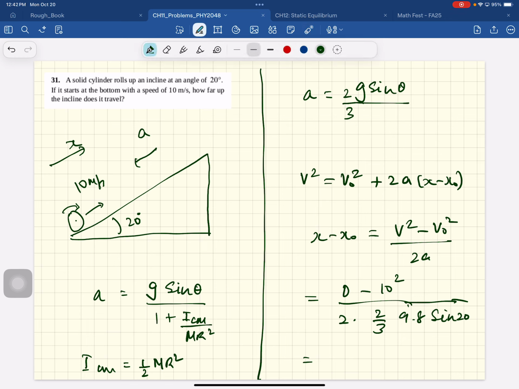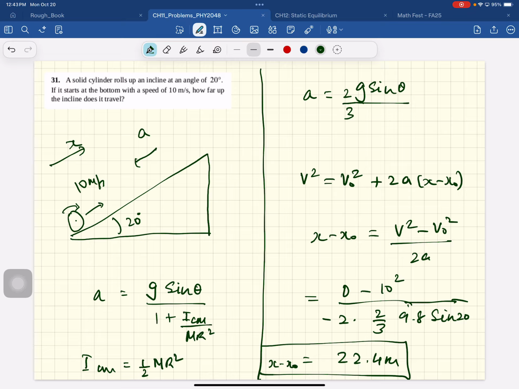So we get about 22 meters, which is roughly the width of this room.